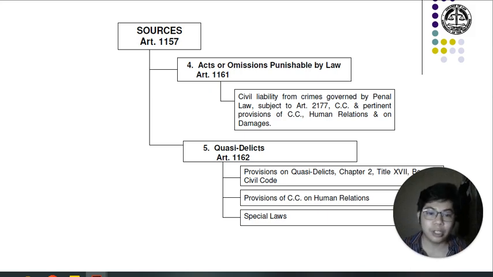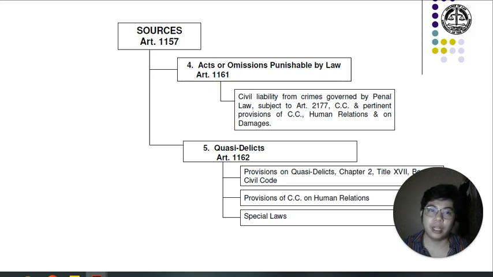So contracts with consent, I'm sorry, contracts with consent but let's say there is no observance of any formality, right? I have discussed to you earlier, let's say the donation, there are formalities in order for it to be valid.